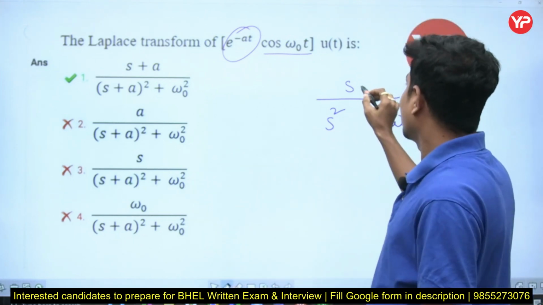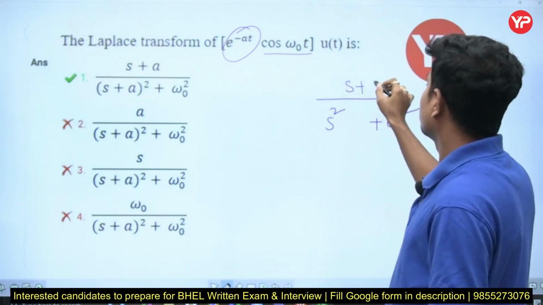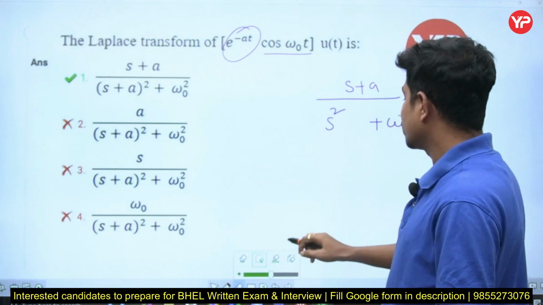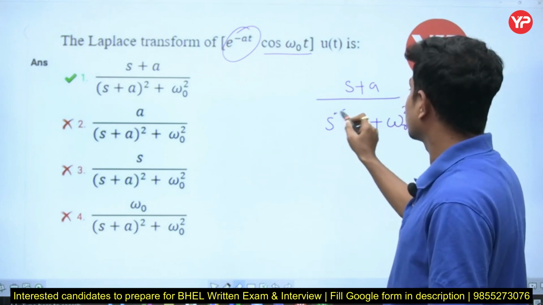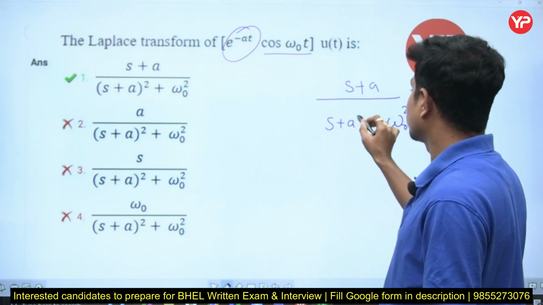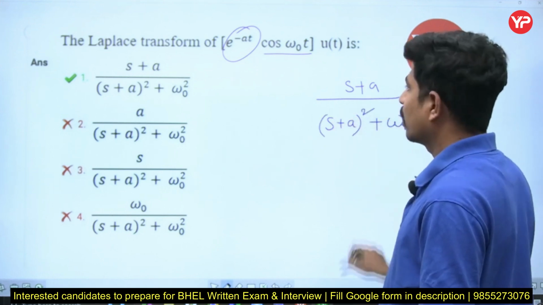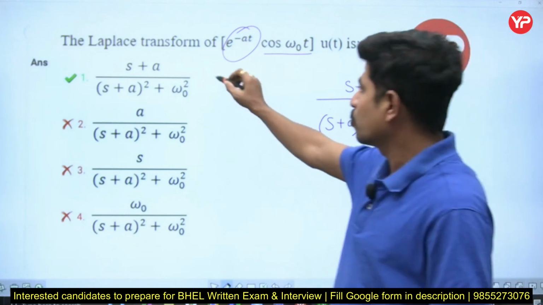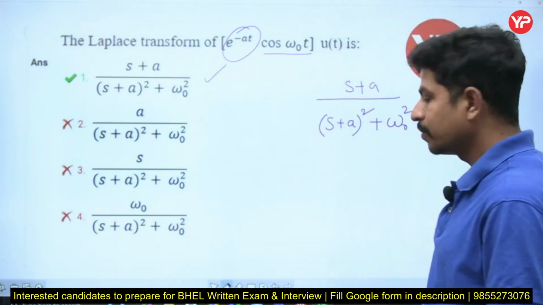Now if s is there, if it is minus, here it will be plus. All this very simple way of finding Laplace and inverse Laplace I taught you in the class. That's why we are able to solve the problems so simply. Okay, s plus a whole square. The answer is s plus a by s plus a whole square plus omega naught square. The option is 1, very simply and perfectly, right?